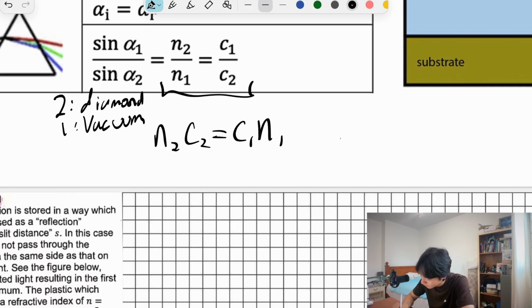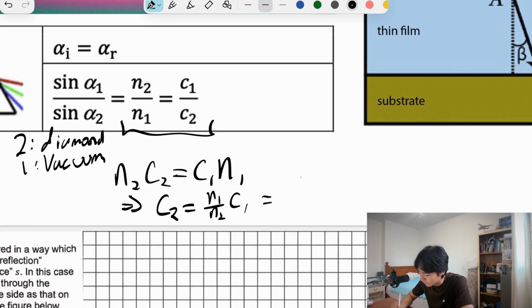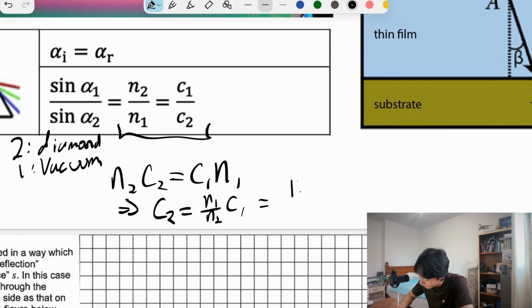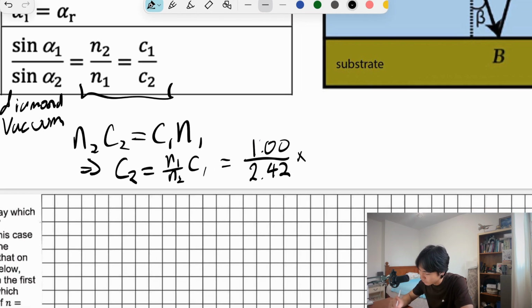So the speed of light in diamond must equal N1 over N2 times C1. We know that N1 is going to be 1, and the refractive index for diamond is 2.42, times C1, the speed of light in vacuum.